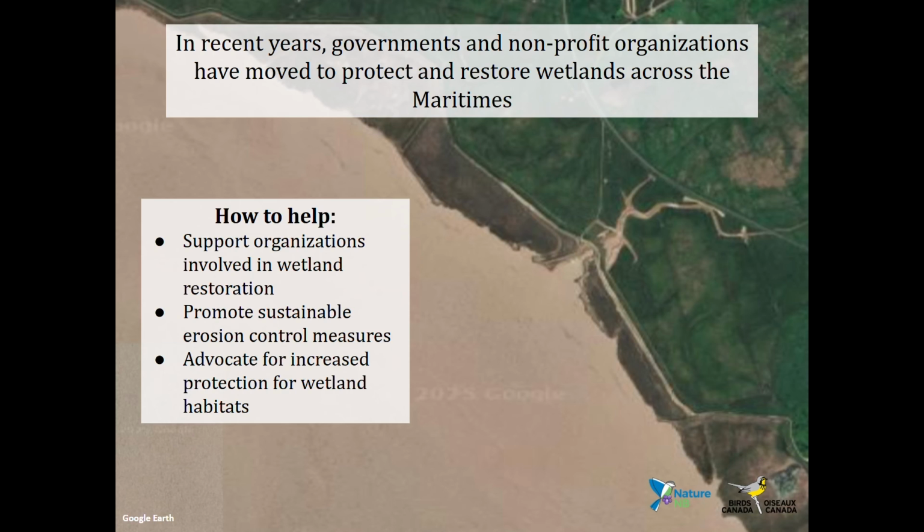So for example, this satellite image shows a restored salt marsh at Beausejour in southern New Brunswick. This was a project undertaken by Ducks Unlimited Canada, which involved removing an outer dike to allow the salt water to reflood the marsh. The government of Nova Scotia has restored several salt marshes to mitigate the harmful effects of development in other areas.